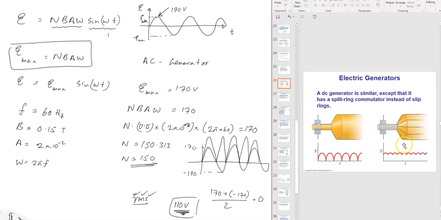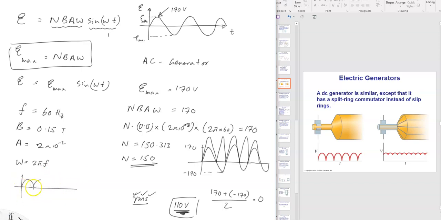Now over here, in a more practical motor, here you see this is just one coil. I don't know whether you can follow the pointer, but it's just one coil. Over here you have multiple coils in different planes. So this half cycle, with one coil, it's like this.